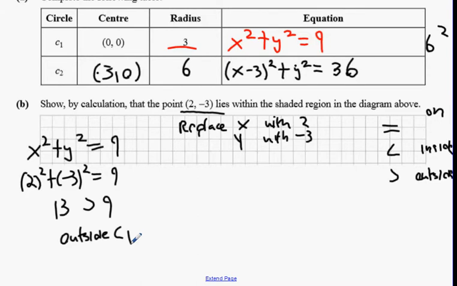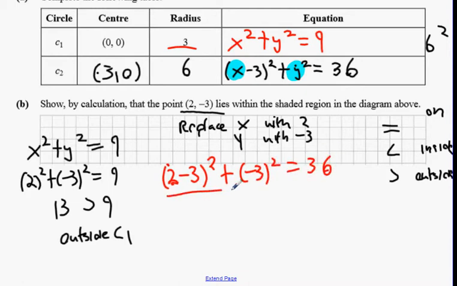Then I get the equation of my big circle, and I replace x and y with what two numbers? 2 and minus 3. So 2 squared plus minus 3 squared. Put it into the calculator.